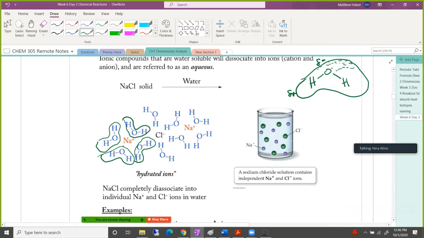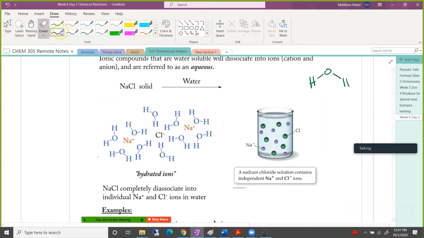You could also take a look at your chlorine. If we focus on chlorine right here for a second, what is surrounding it is still water molecules, but look at how they are oriented. Hydrogen is now conglomerating around chloride.